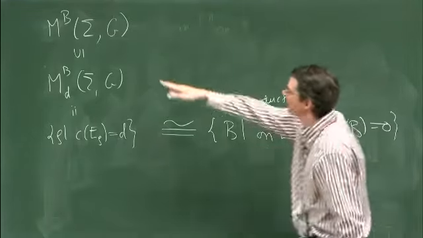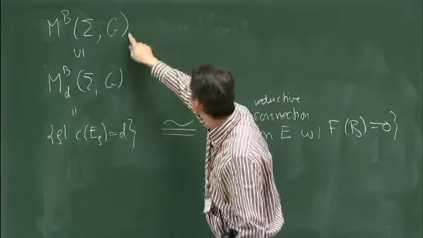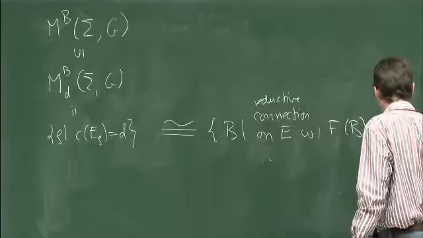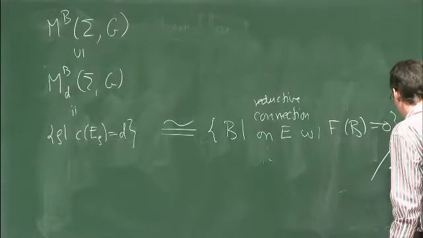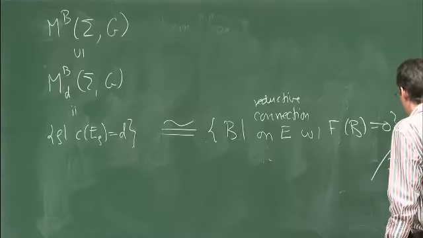And then we divide it out by the action, so here we have to divide out by isomorphism of flat bundles. So let's just say iso there.